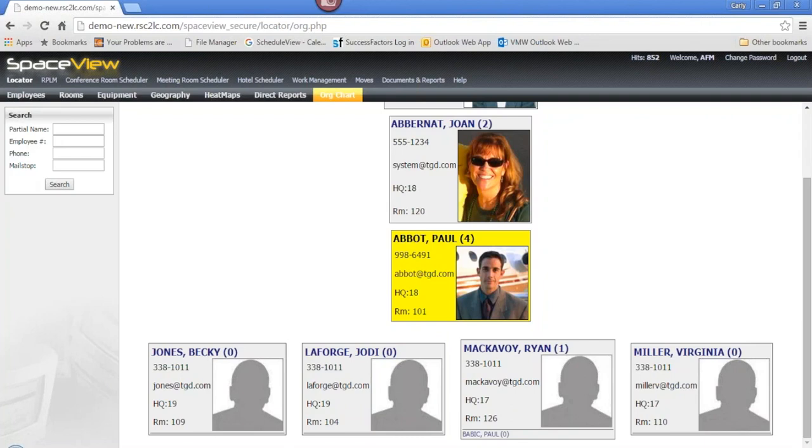Yes, you can manually update the photos, or you can get them from HR or security. A lot of times HR doesn't keep photos, but security does for badge photos. So I can reference an already established list of photos from a different data source, like security.